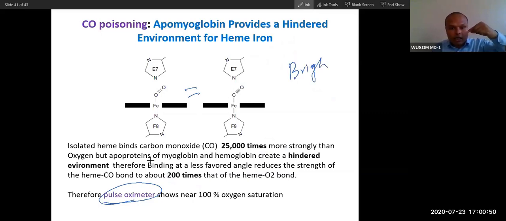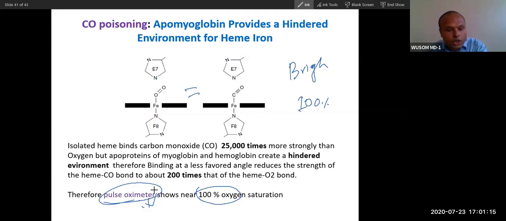That is why in carbon monoxide poisoning, the pulse oximeter will give a false reading, saying your hemoglobin is 100% saturated, but it is not the case. It is measuring color only, the color of this R form, and that is why pulse oximetry cannot be relied on for detecting carbon monoxide poisoning.